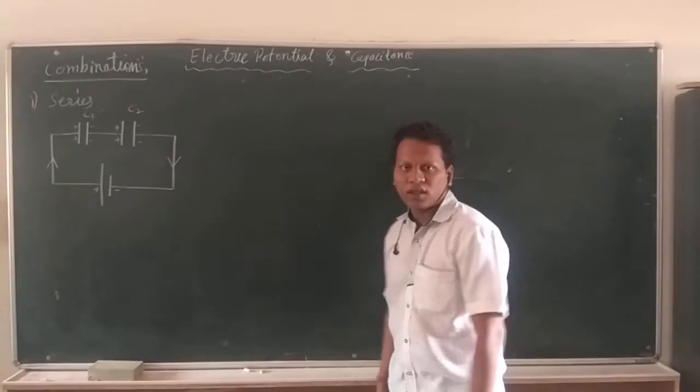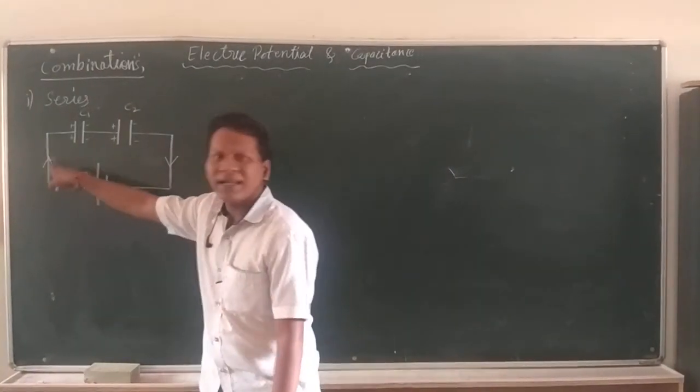As you know, current starts from the positive terminal, so this arrow mark is necessary to show the direction of current flow. This is capacitor 1, C1, and this is capacitor C2, where we have plus Q charge here and minus Q charge here. Such a diagrammatic representation is the electrical circuit for a series combination of capacitors.